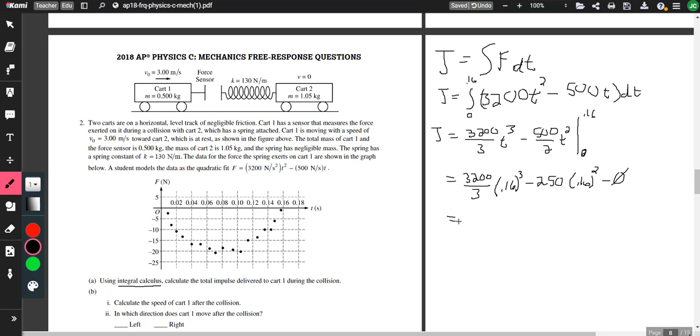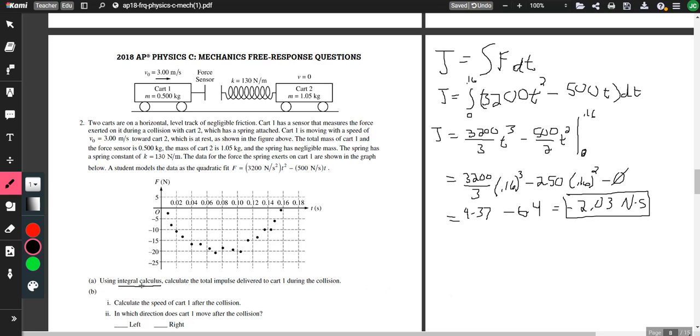When I plug this into the calculator, I end up getting 4.37 minus 6.4, which if I subtract these, I end up getting negative 2.03 newton seconds.